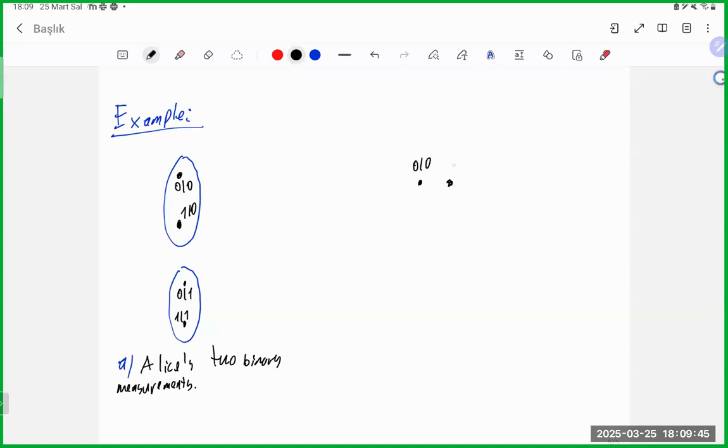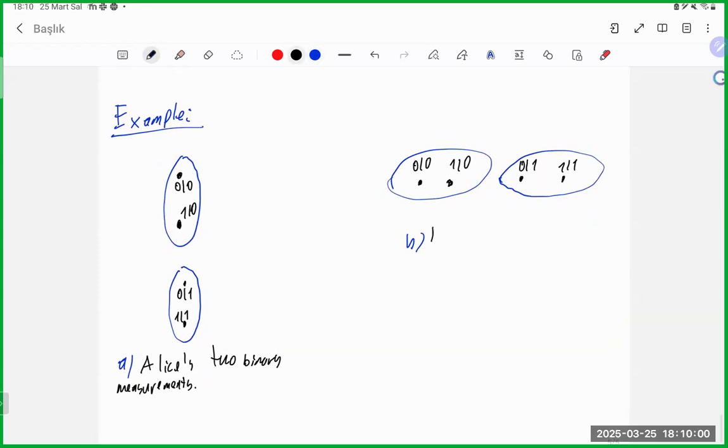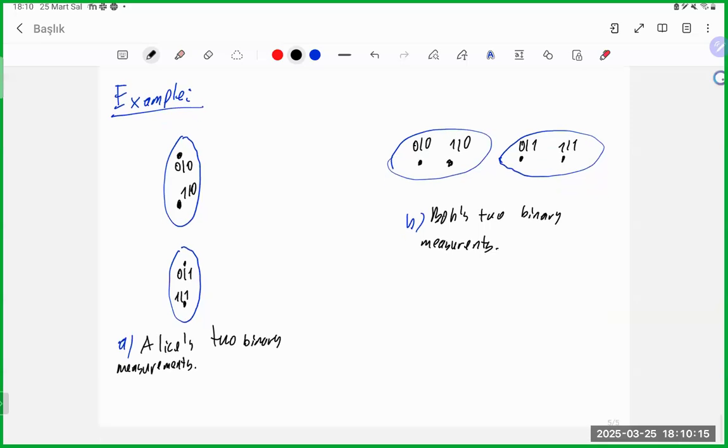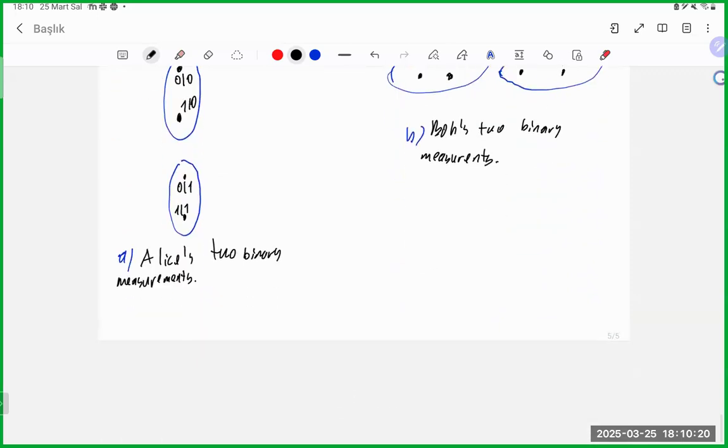So Bob has two measurements, and they are two binary measurements. No measurement shares the same outcome, and the two parties have the same measurements actually.